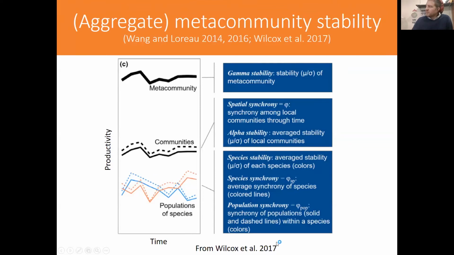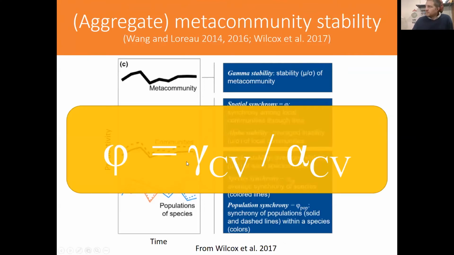And this figure is from a paper by Wilcox et al., where they actually did a meta-analysis to look at how metacommunity stability scales across a bunch of grassland or plant data sets. And so the take-home message here is that, interestingly, there's a similar multiplicative scaling that can be applied to stability, analogous to how biodiversity scales in a metacommunity.